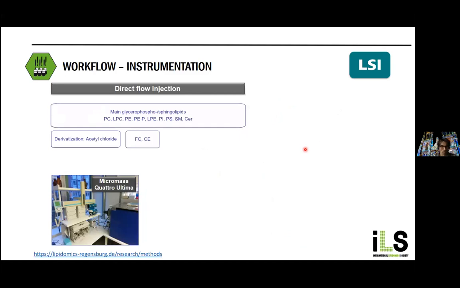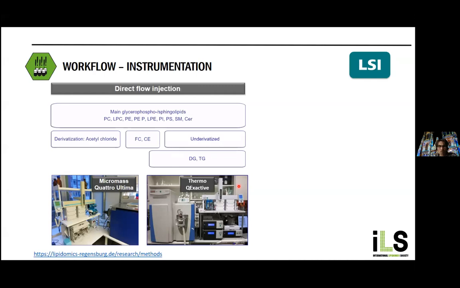So that was our first machine. It's a triple quadrupole system, Quattro Ultima, still in operation, I have to tell you. And we use it for the main glycerophospholipids and sphingolipids. We had a derivatization for the free cholesterol, because we heard already that it is not well ionizable with the electrospray. And Marcus in our lab introduced the high resolution instrument.